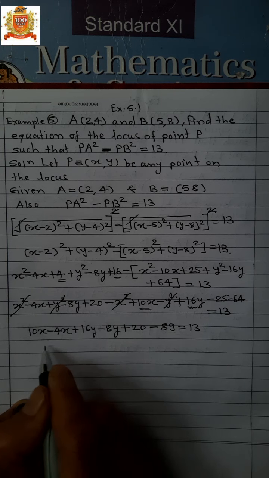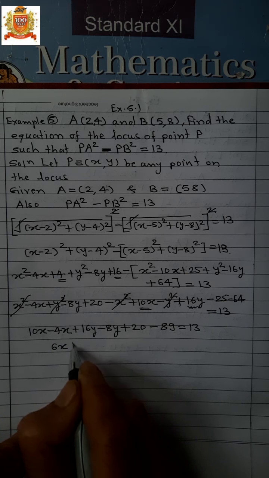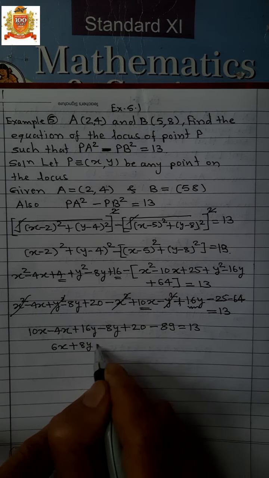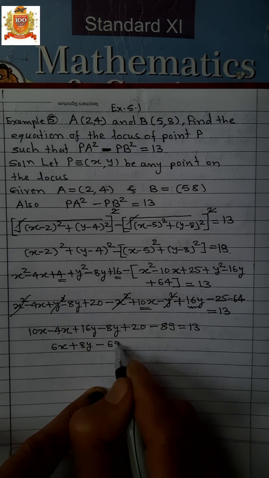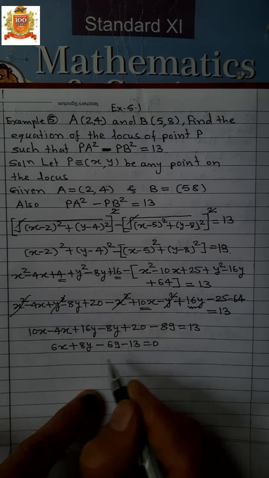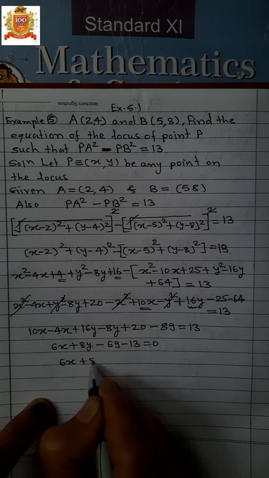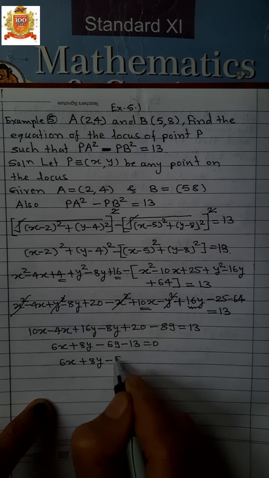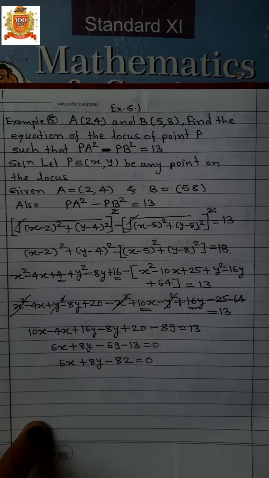Therefore here we have 6x plus 8y minus 69 minus 13 is equal to 0. That is 6x plus 8y minus 82 is equal to 0.